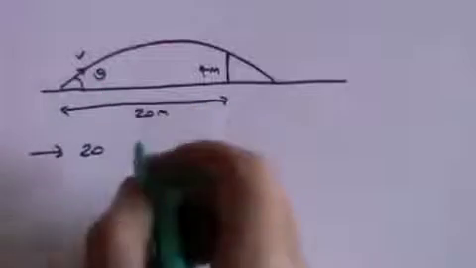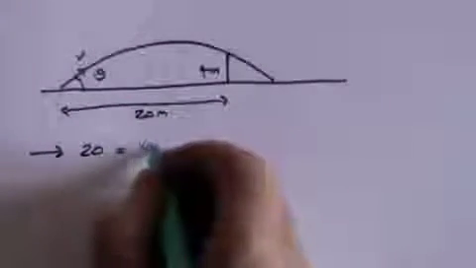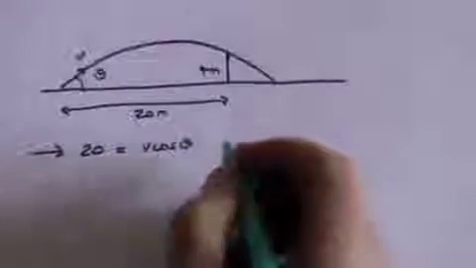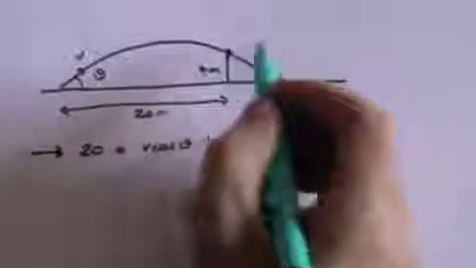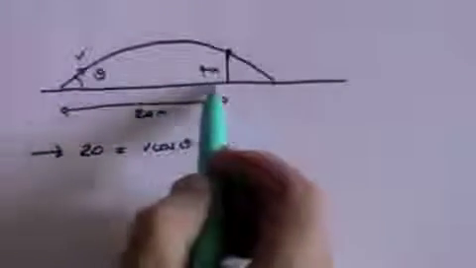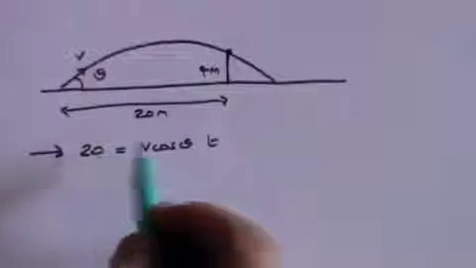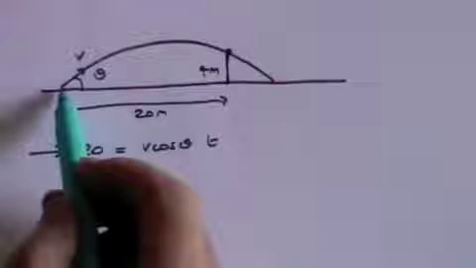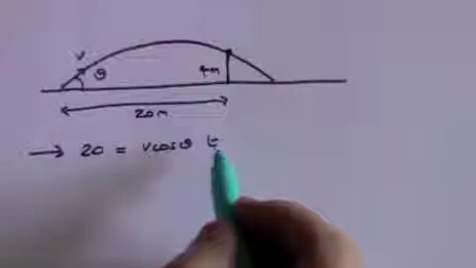The velocity is the horizontal component, and remember that's v cosine theta, times the time it takes for the ball to get to that point, which is when we get to here. So 20 is v cosine theta times the time.